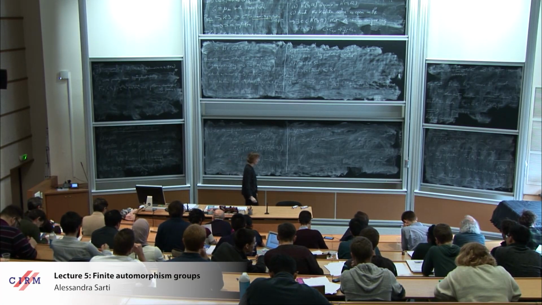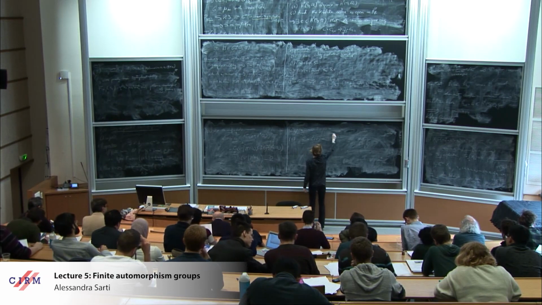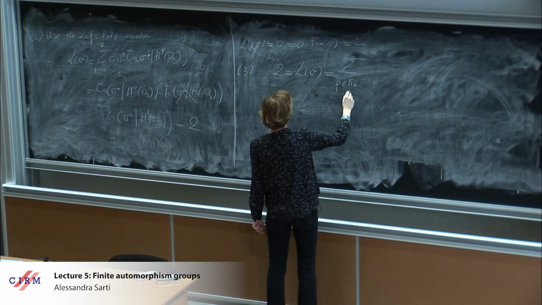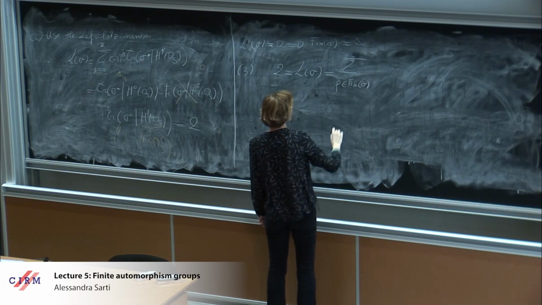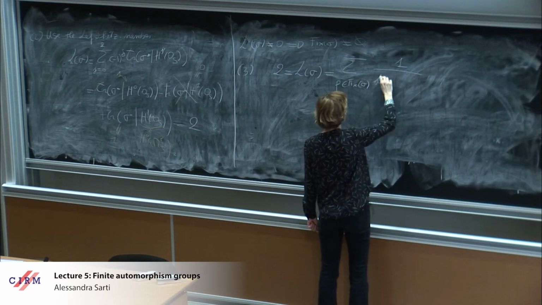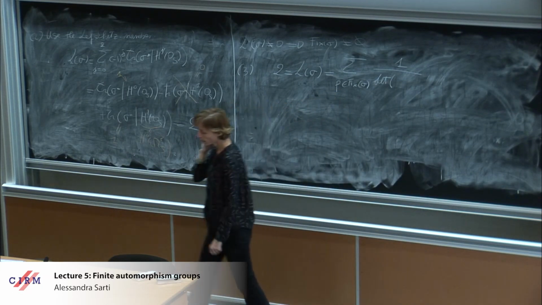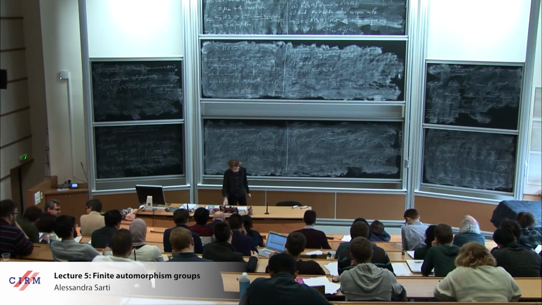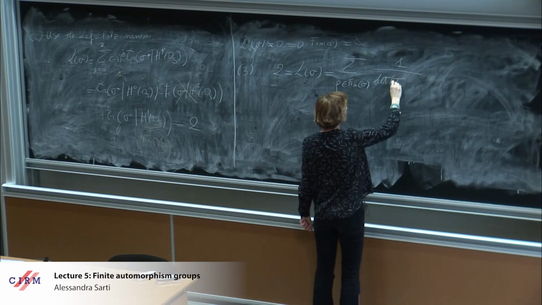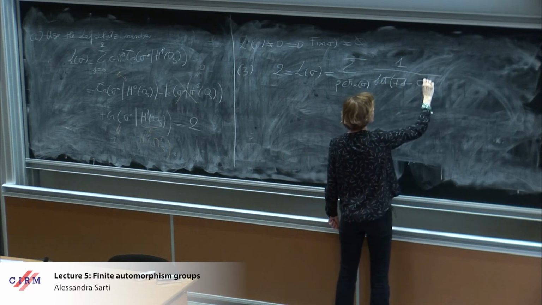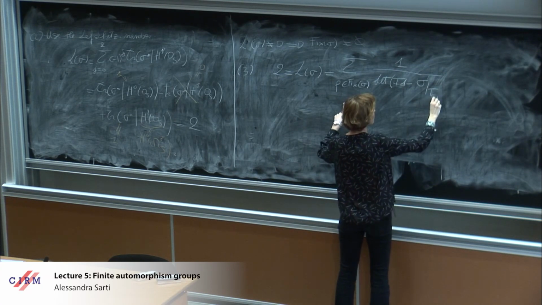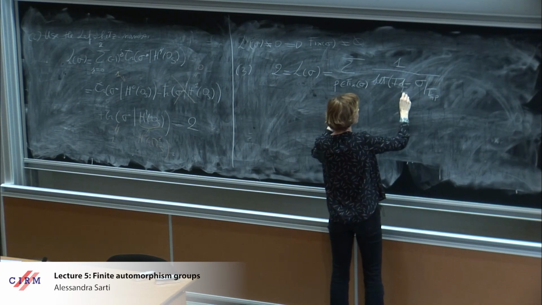So this is the sum over the points in the fixed locus of sigma of 1 divided by, these are isolated so that's very fine, the determinant of the identity minus the action of sigma on the tangent space T_S at P.